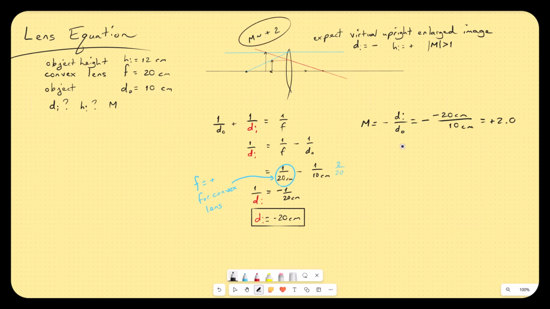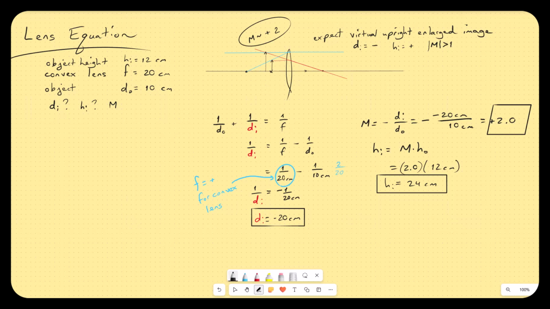And that means that my HI is going to be my magnification times my HO, 2.0 times my 12 centimeter height equals 24 centimeters. And then I was looking for magnification. I've got that. So that's it. I've got a virtual upright image, positive height, positive magnification. It's enlarged. It's over here on the left.